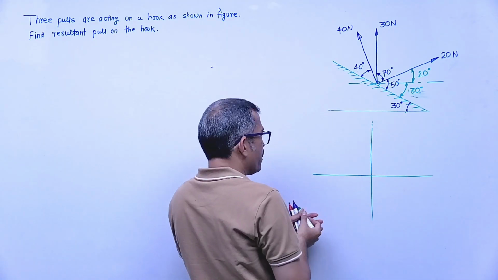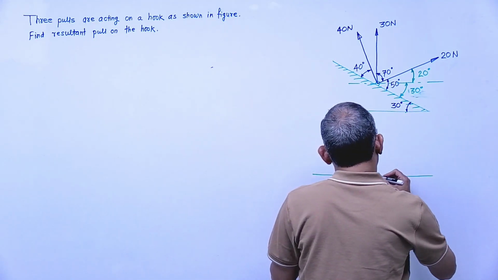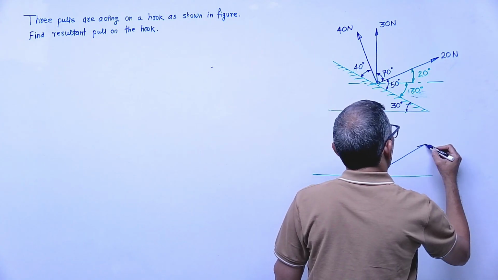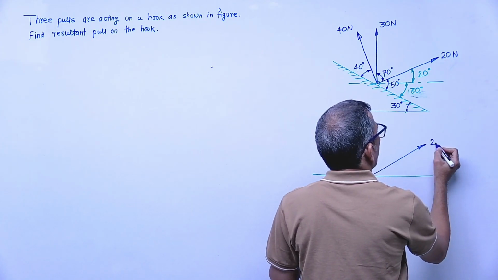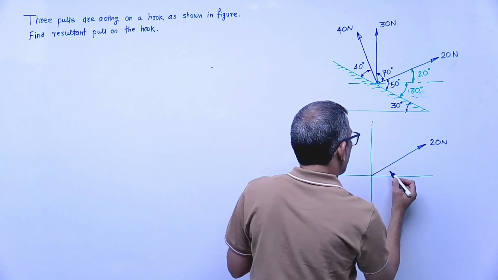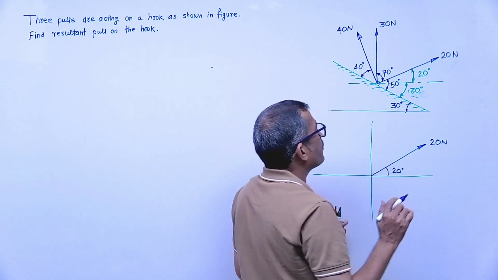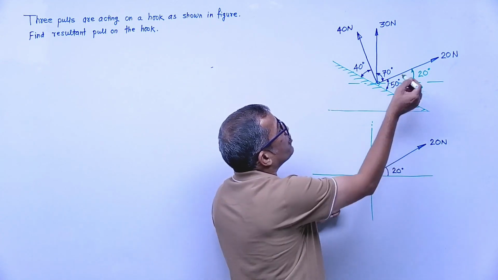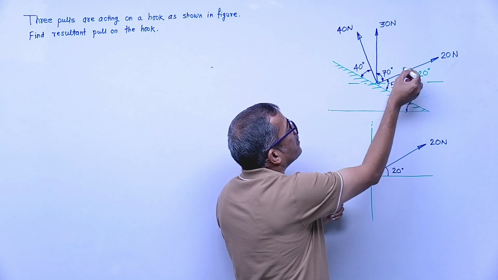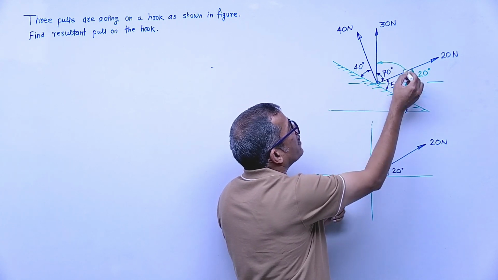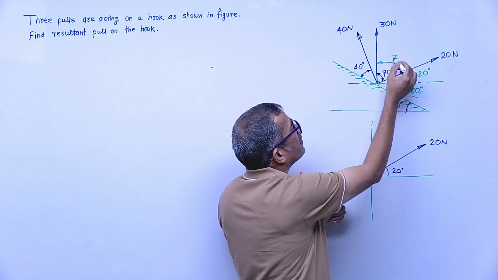First force 20 Newton. What is the inclination with horizontal? 20 degree. First force clear, okay? Now 20 Newton and 30 Newton, these are inclined at what angle? 70 degree.